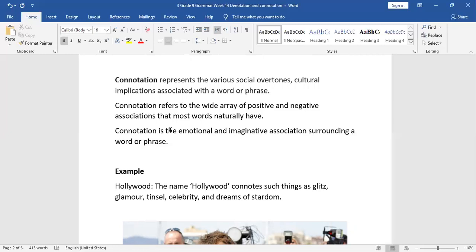If something is said to be cheap, then you know that there is a negative meaning to that word. And connotation is emotional and imaginative associations surrounding a word.